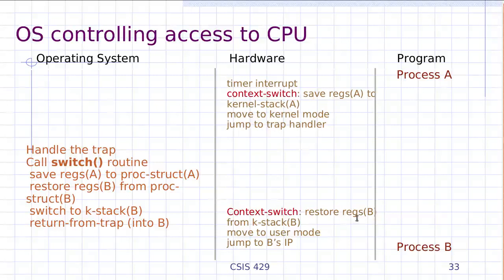And then it says, okay, do the context switch for B. I'm going to restore the registers of B to the CPU from the kernel stack. And then you move to user mode, and then you jump to B's instruction pointer.